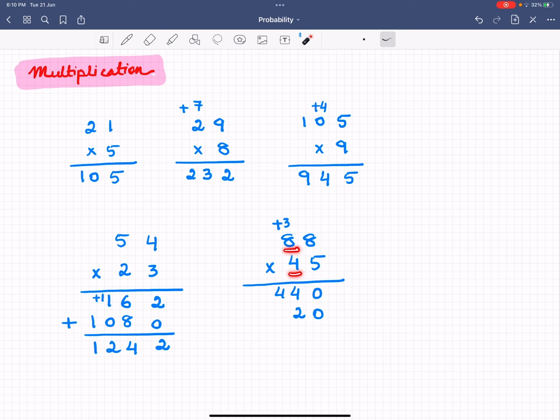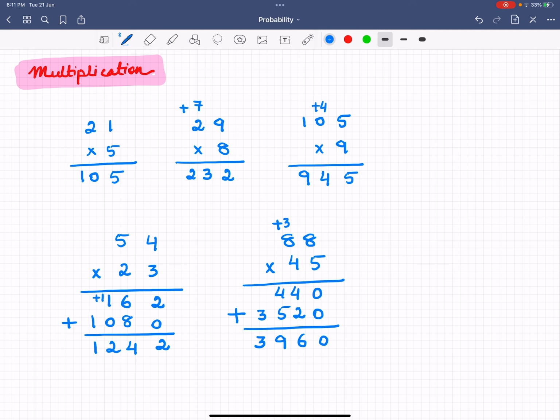But this time we need to add the 3. So it's going to be 35. Now we need to add the 2 rows. 0 plus 0 is 0. 4 plus 2 is 6. 5 plus 4 is 9 and 3. And that's it.